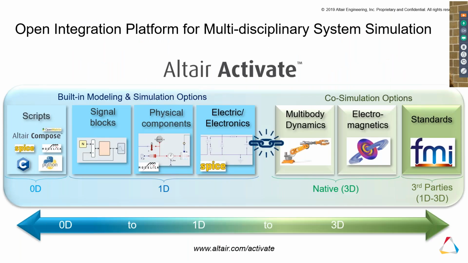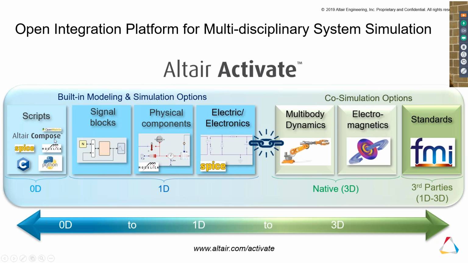Then Activate, Altair Activate, is our open integration platform that enables this multidisciplinary system simulation. By itself, it offers built-in modeling from a signal-based approach, or a physical-based approach, physical modeling with Modelica. You can even model mechanical systems, structural systems, thermal systems, along with electrical and electronic systems with SPICE, using these open standards.